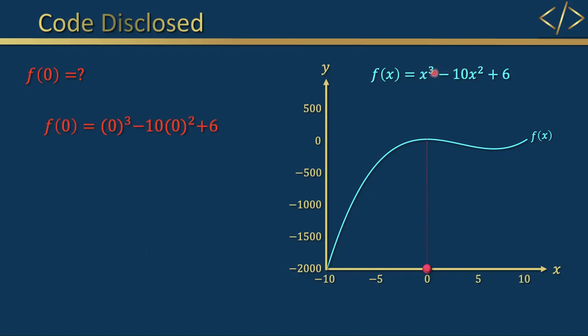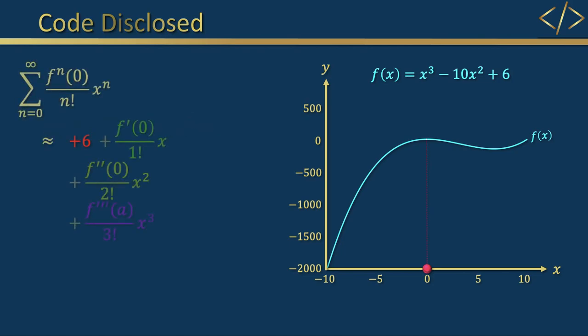Instead of each x, we put 0 here, and we just end up with 6. So let's put 6 back into the series. This is our first term. Let's ask the question: what if we truncate this series at the first term? You just keep the first term. Will we get an approximate function to our actual function?